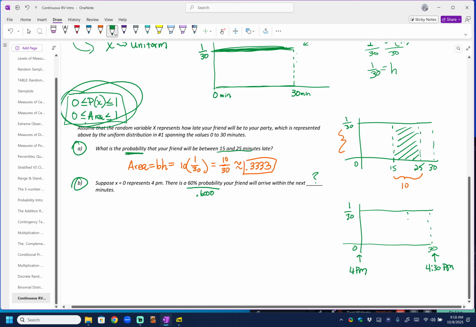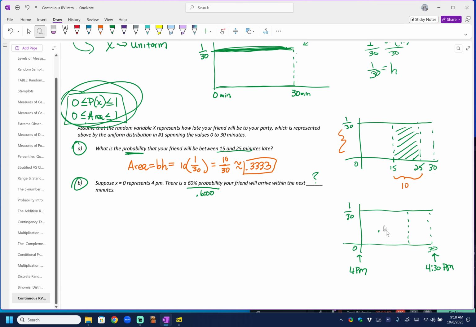I would say that's a little bit more than half the curve, and that's going to be 0.6000. They want to know how late they're going to be if this is the case. So if this is 4 p.m., the lateness is going to be this value right here. So in other words, this is our question mark. We'll call this the base of our rectangle.